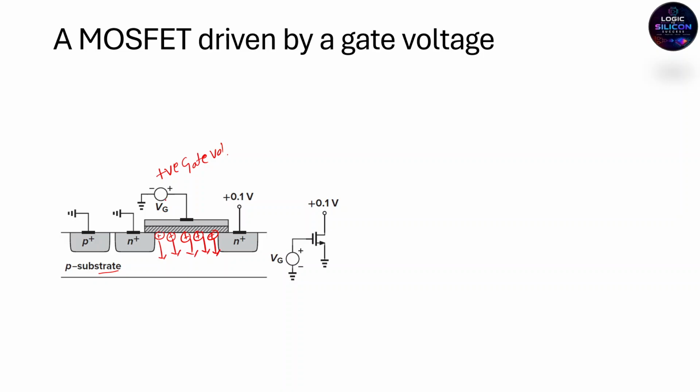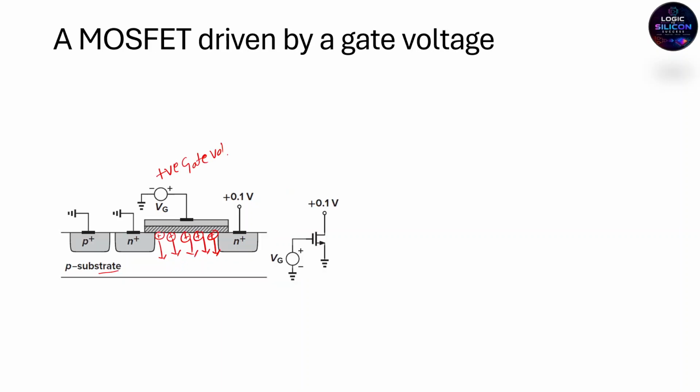Let's assume if we apply a gate voltage of 0, nothing will happen; it will be null and void. Everything will be 0, 0 currents. But once we start increasing the voltage, let's say the positive voltage, the positive charges will come down a bit because of the repulsion of the charge carriers. In the previous slide, the positive charges will come here.